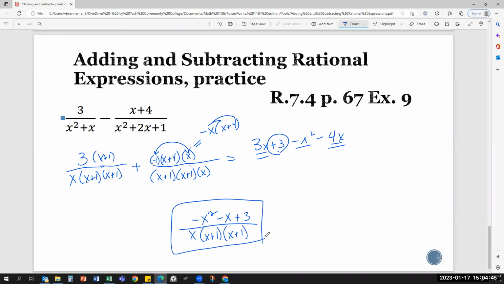The final answer is negative x squared minus x plus 3, all over x times x plus 1 times x plus 1. Or you could write that as x times x plus 1 squared on the bottom. So that's adding and subtracting rational expressions.